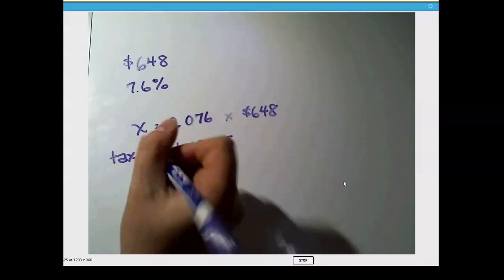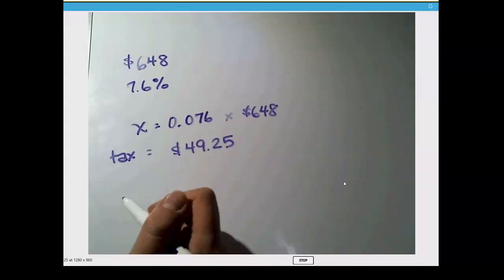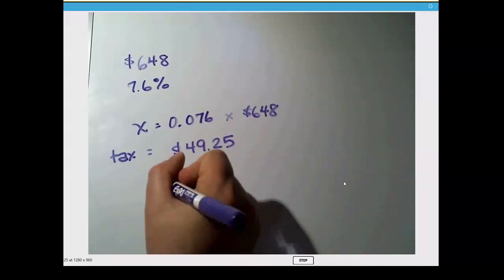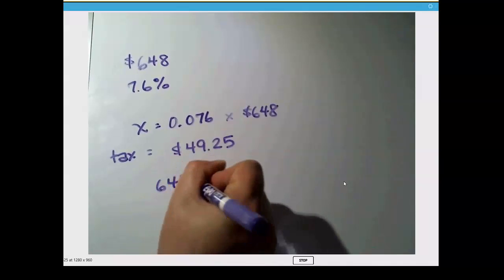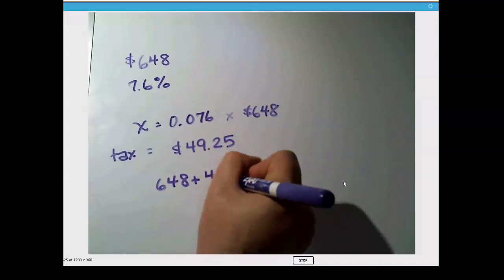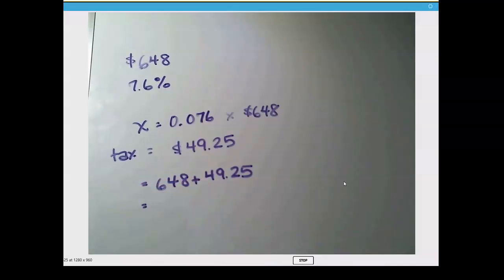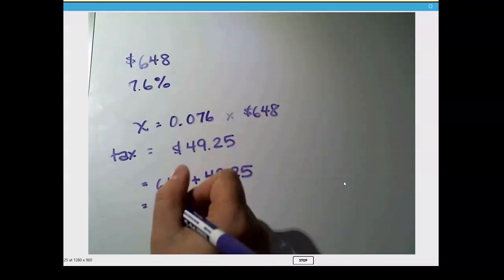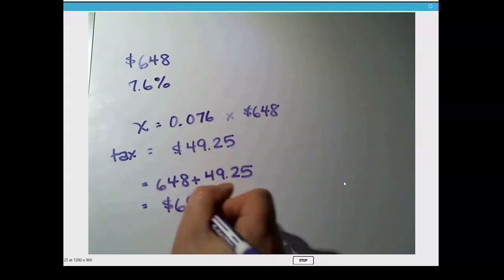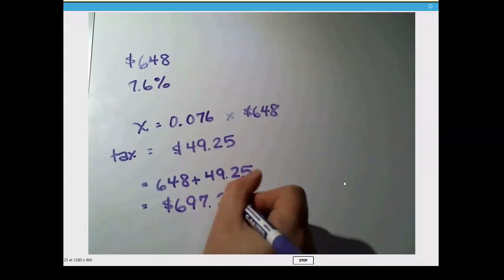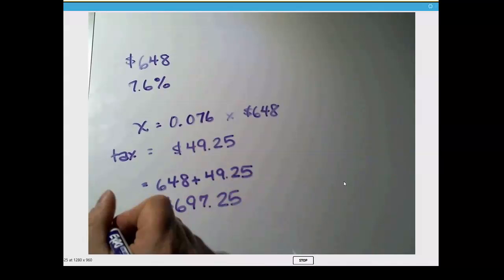This is tax, which then means I got to do the second step and add that on. So it would be 648 plus the tax. 648 plus 49.25 gave me $697 and 25 cents. So that's your total.